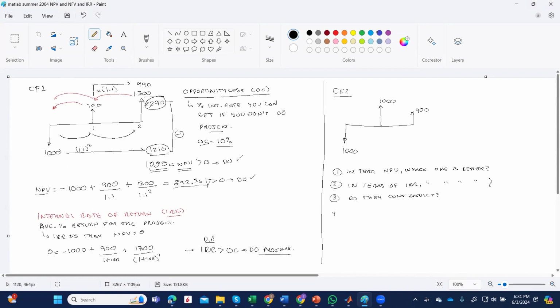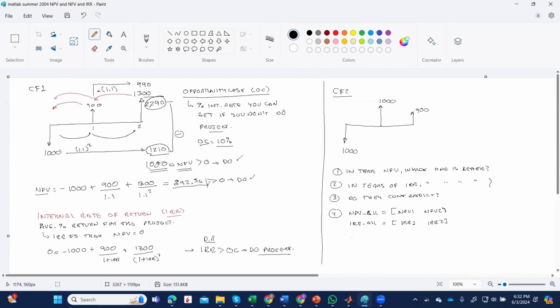And then 4 is more MATLAB. What I want from you guys is to create NPVs for all cash flows, which is going to be NPV1 and NPV2. Then I want you to create internal rate of return all, which is going to be internal rate of return 1, internal rate of return 2.